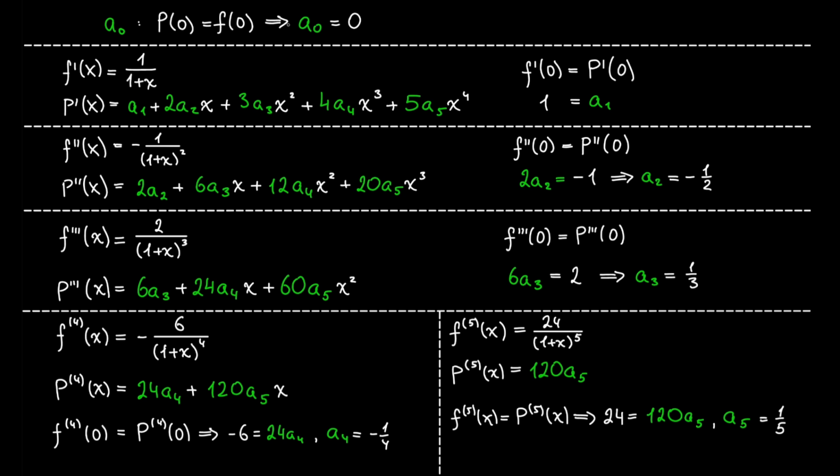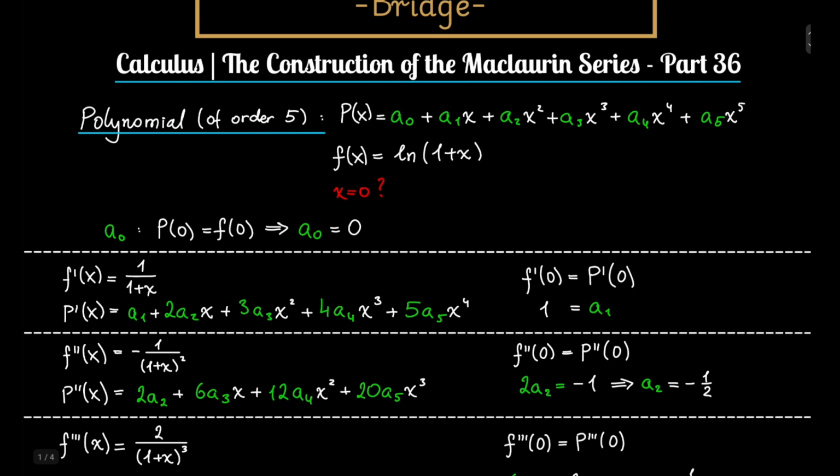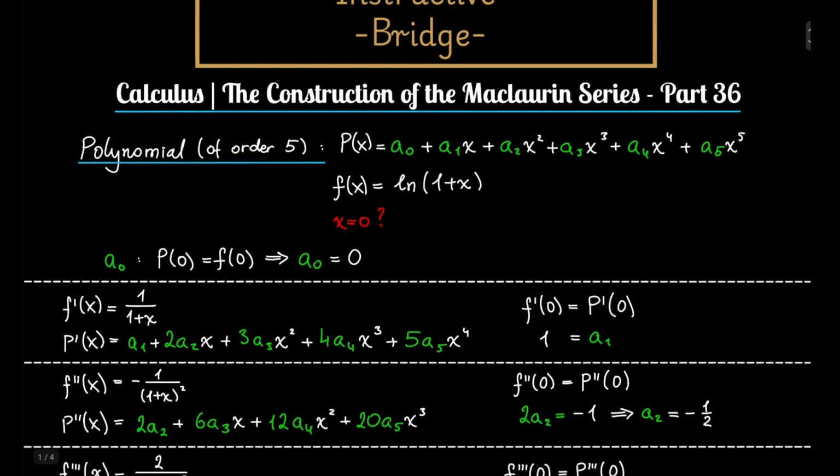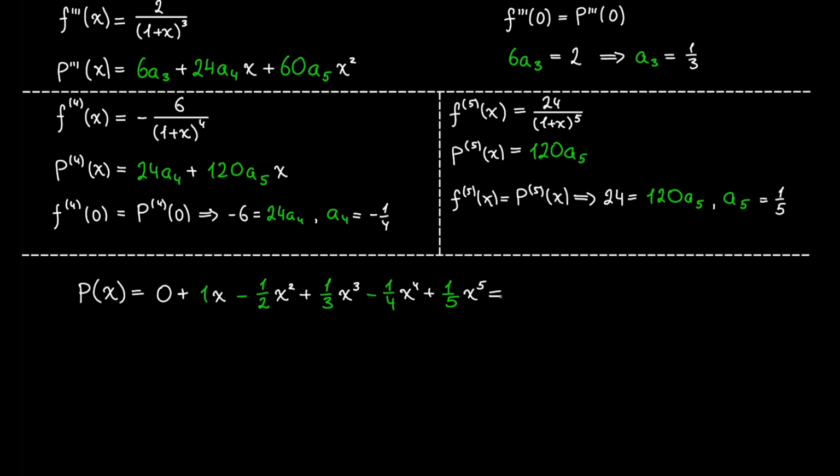So now that we have found all 6 coefficients, we can substitute them back into this general polynomial. And this right here would be the Maclaurin series of degree 5 for our function ln of 1 plus x.